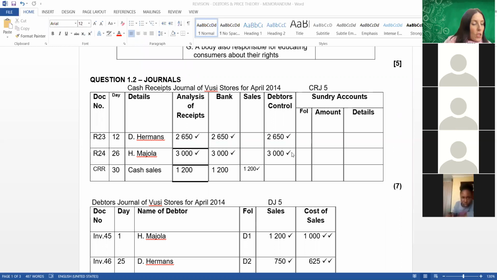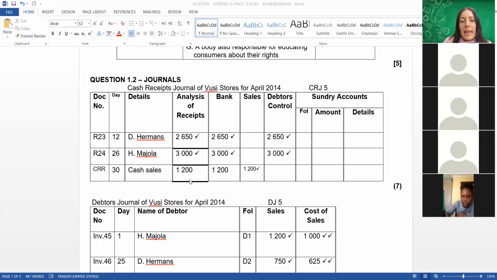Right, and then the last one on the 30th, cash sales of merchandise, 1,200 Rand. This is a normal cash sales transaction. CRR, the day the 30th, details cash sales, analysis of receipt, 1,200 Rand. I just quickly want to check that I add, oh, they didn't give us the cost of sales column.